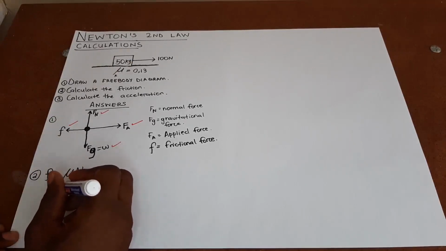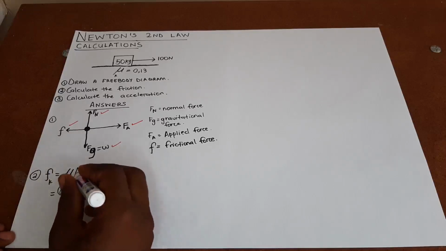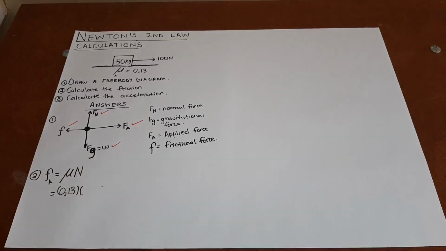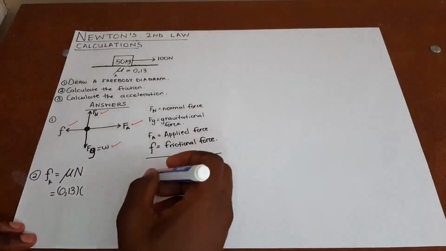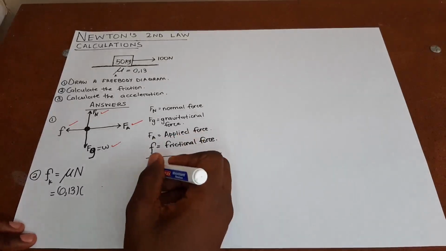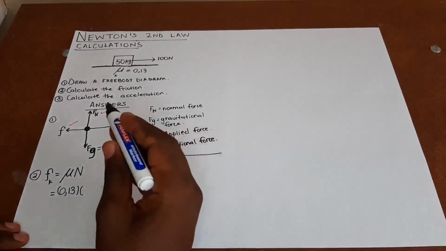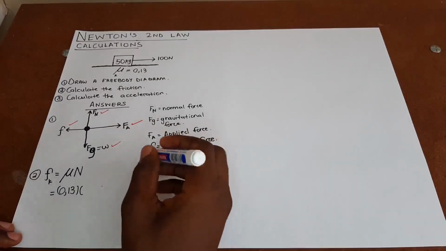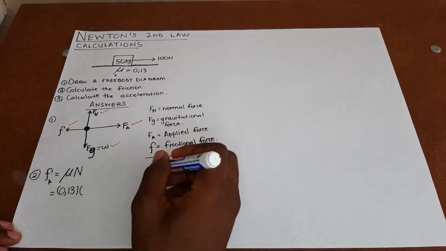0.13 multiplied by our normal force. How do we get our normal force? For your vertical forces, F net is equal to 0, because you can see it's not moving, they are in balance, at equilibrium.